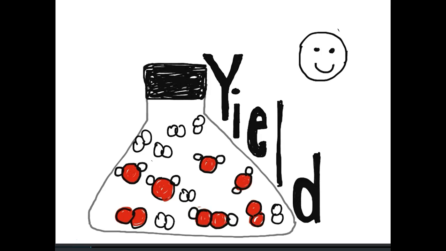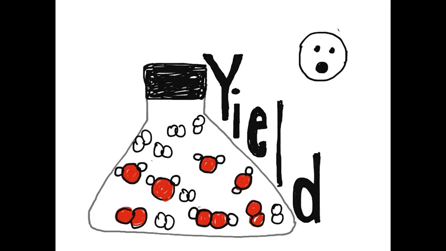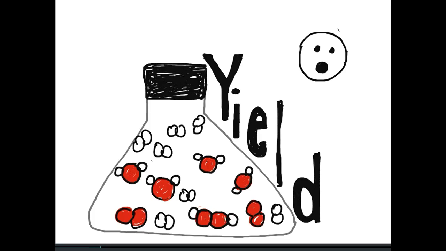And then maybe there's another reaction that happens, and it's not one that I really anticipated. And I go, what just happened? I accidentally made something I didn't want to make, right? And so here, instead of making water, I made this other product. So this would be considered a side reaction. Unwanted side reactions are something that happen a lot in chemistry.